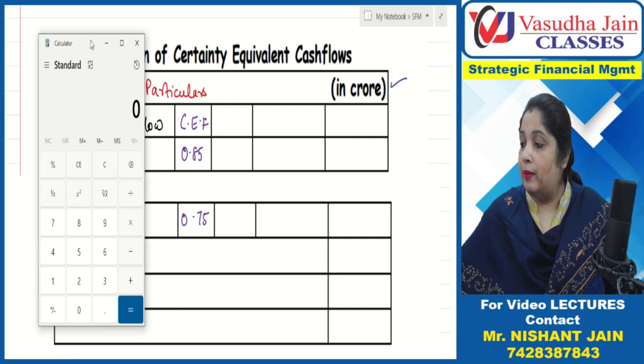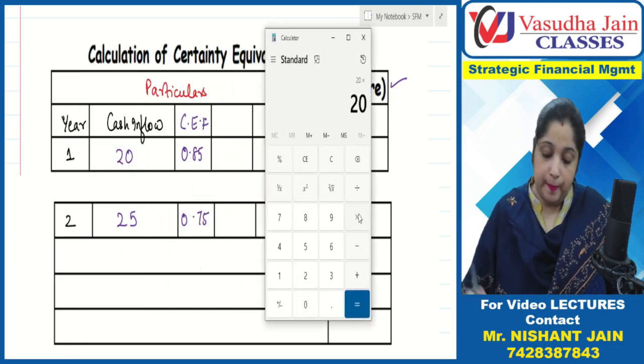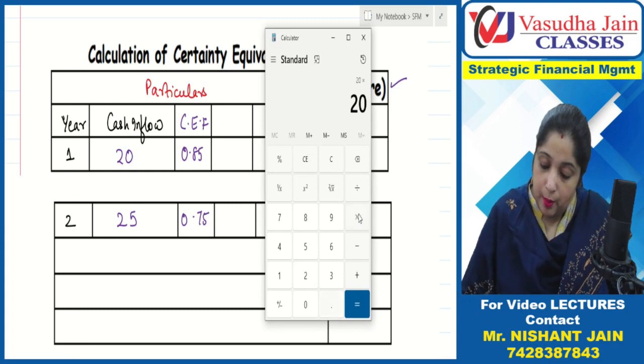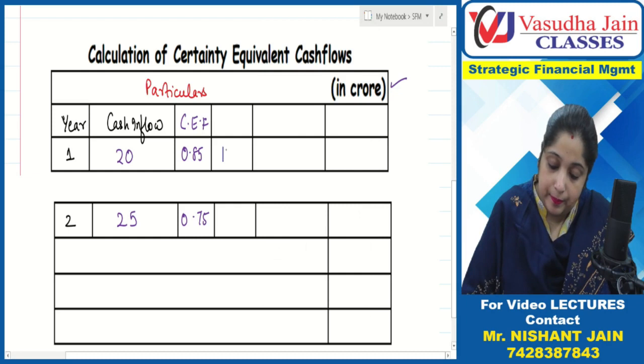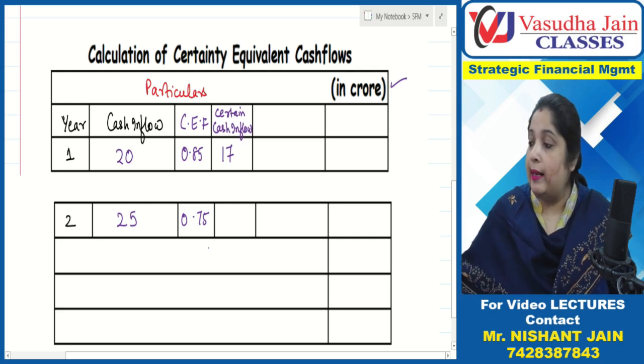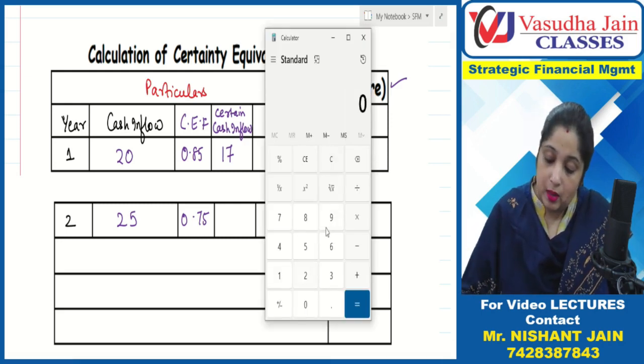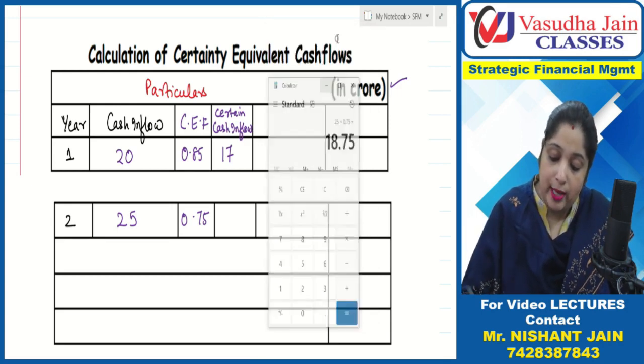So we are going to get 20 into 0.85, so we are getting 17. These are what? These are certain cash inflow, right? Clear? Then for the second year, let us compute 25 into 0.75 equal to 18.75.